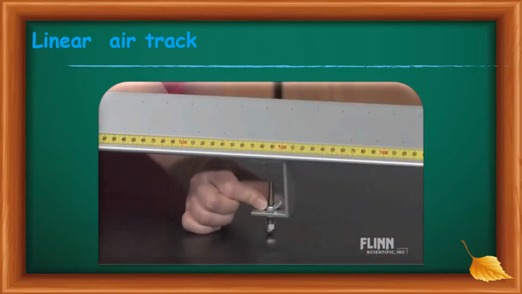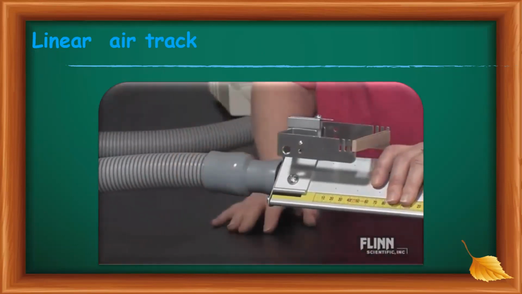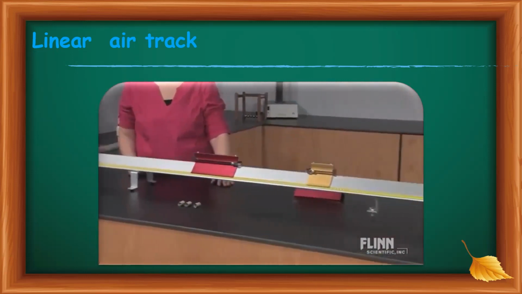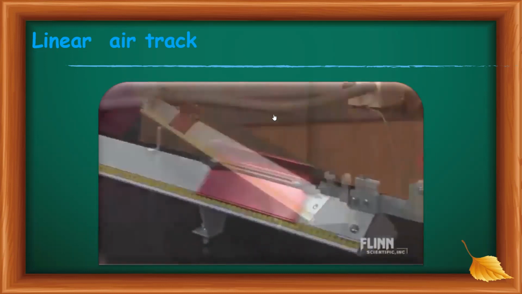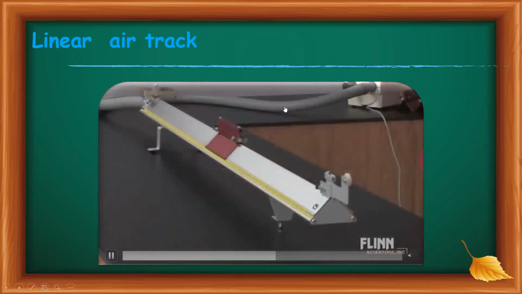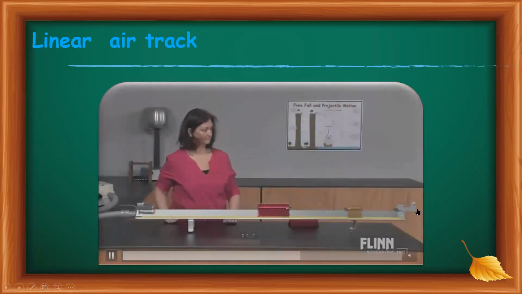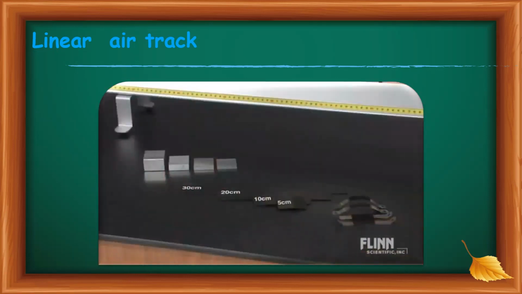It is the leveling screw, and it is the pipe from the compressor, and there is a pulley. It is used for some experiments.